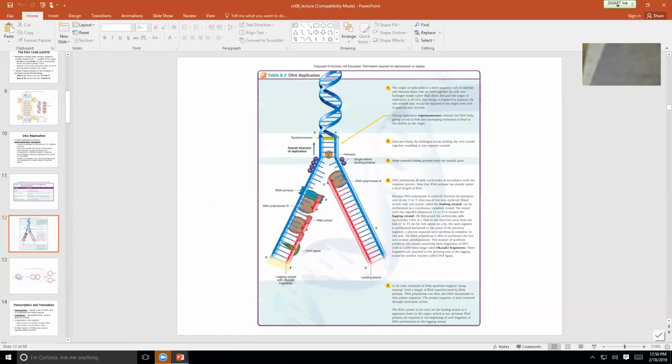When DNA unzips like this, using the old strands, conserving the old strands for the new nucleotides to lay down, building the two, aren't these going to be identical to what the first was? How do you know? Because of the law of, well, semi-conservation is the law of complementary base pairing.